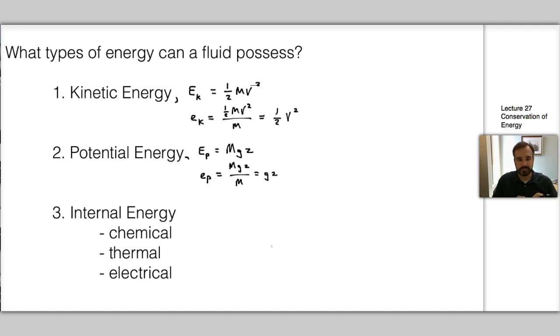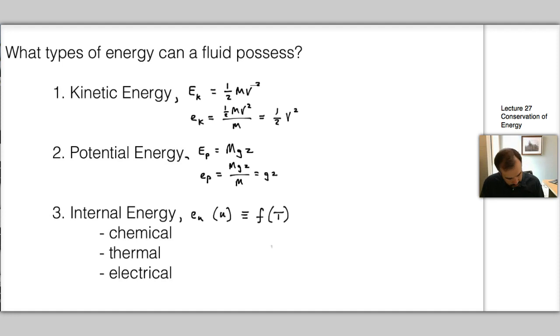with that thermal energy. But for the purposes of this class, we're going to simply lump this all together. We're going to call this EU, or just U. So this is our internal energy. And we're going to say that this internal energy is just a function of temperature.